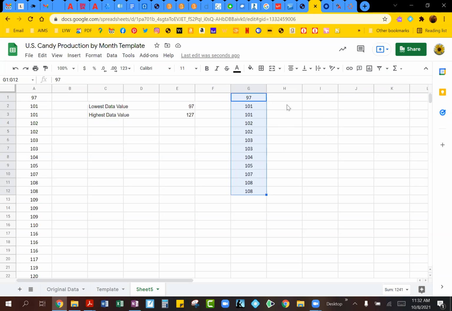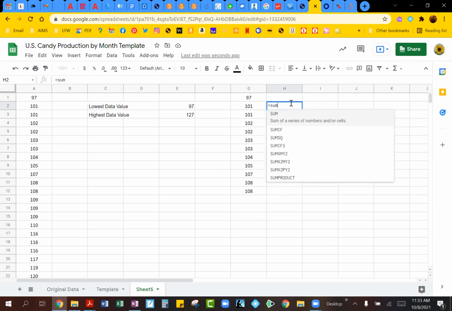So if we were doing this by hand, then of course we would take 97, add 101 plus 101, 102, 102, 103, 104, 105, 107, and then the two 108s. You would have to add all of them. If you're using something like Excel or Google Sheets, they actually give you a sum function.